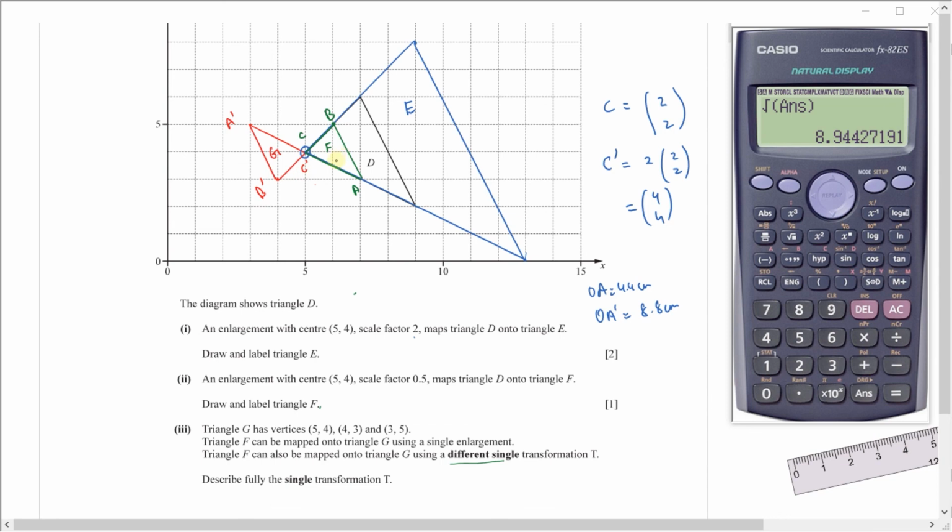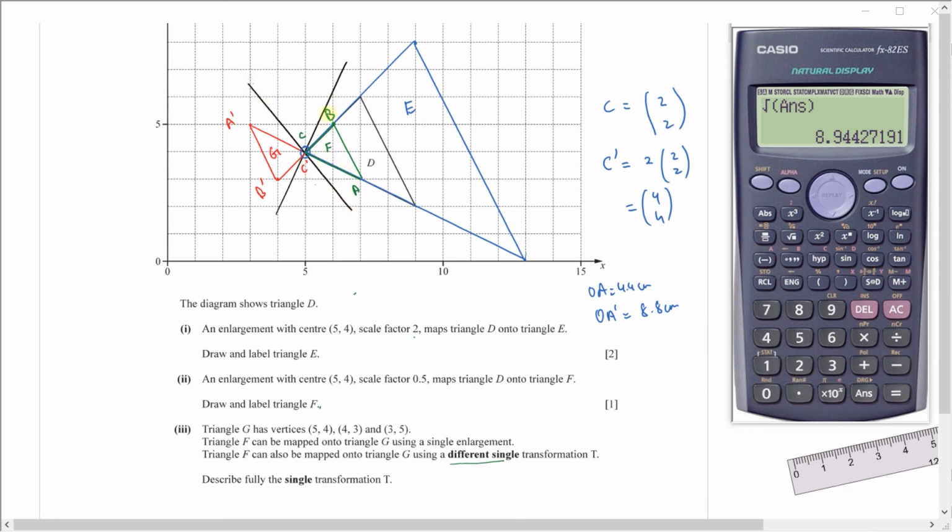So now if it was a reflection, let's see if we can find the line of reflection. So line of reflection is basically the line bisector of A and A dash. So A and A dash, the line bisector will look something like this, right? Going through the middle and making a 90-degree angle with the line AA dash. And then if you take the line bisector of BB dash, it's actually a different line bisector, something like this.